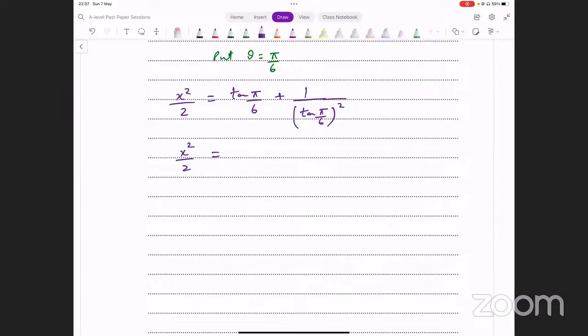I'll just put that whole thing on my calculator and let's see what we get from this. This is giving me 3.57735 on the right side.